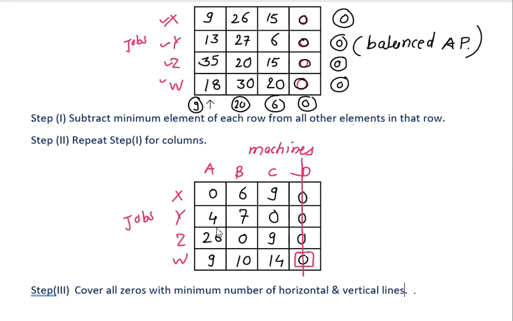Now after the fourth row, we look at column number 1. There is a single 0, so we make an assignment in column number 1, and we have to draw a horizontal line.